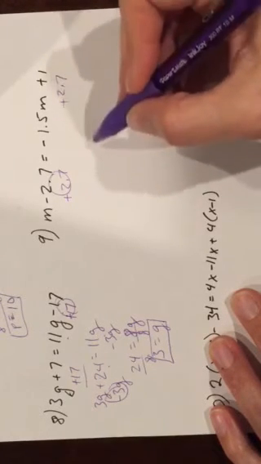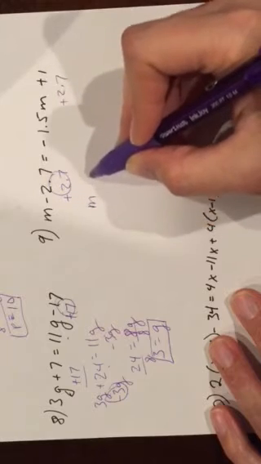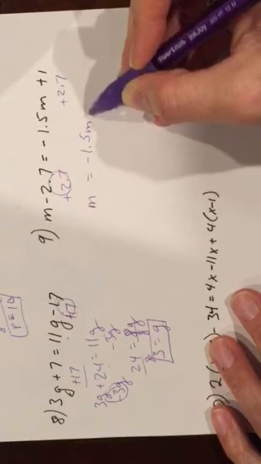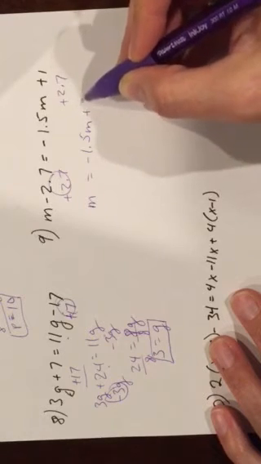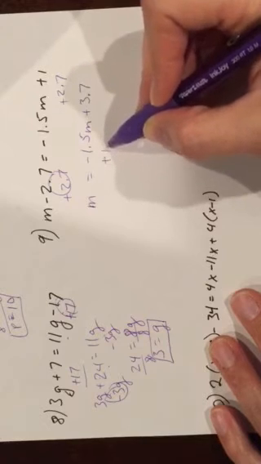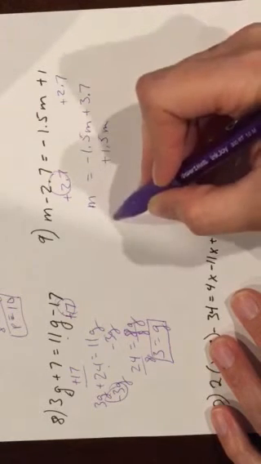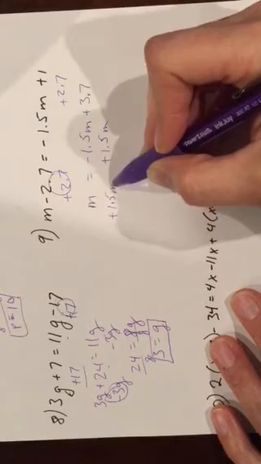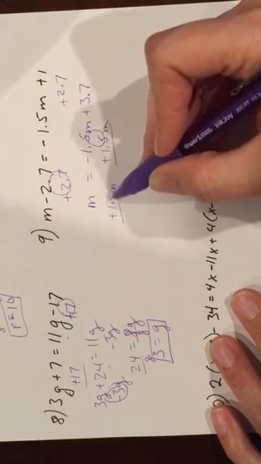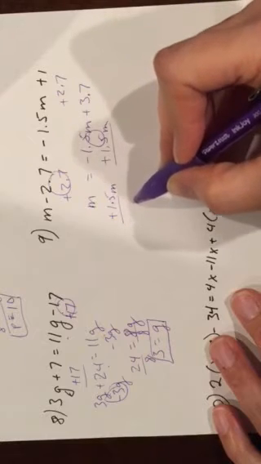It makes it a little easier when possible. So m is equal to negative 1.5 m plus 3.7. I'm going to add 1.5 to both sides. And then 1m plus 1.5m is actually 2.5m.